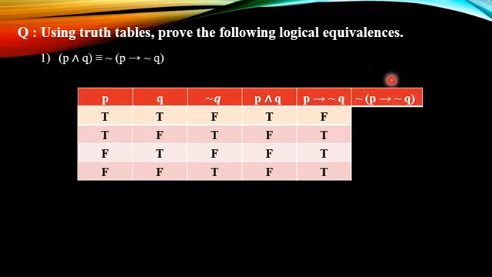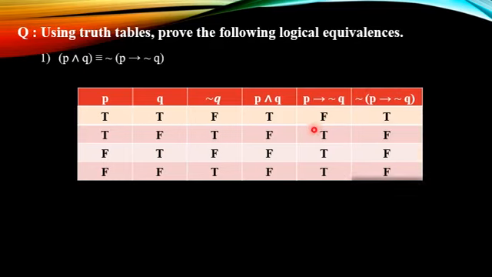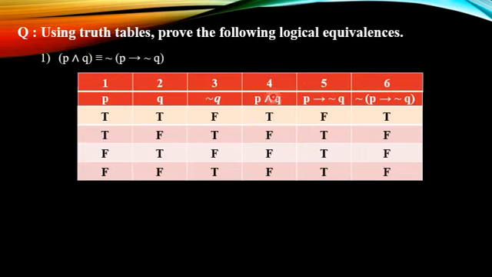So the truth values of this column are: negation of F is true, negation of T is false, negation of T is false, negation of T is false. Here we just compare column number 4 and column number 6.